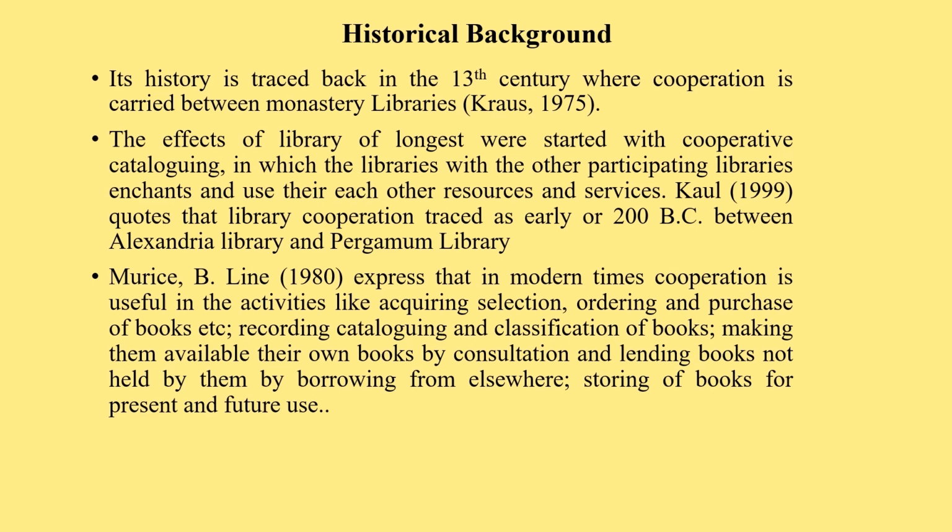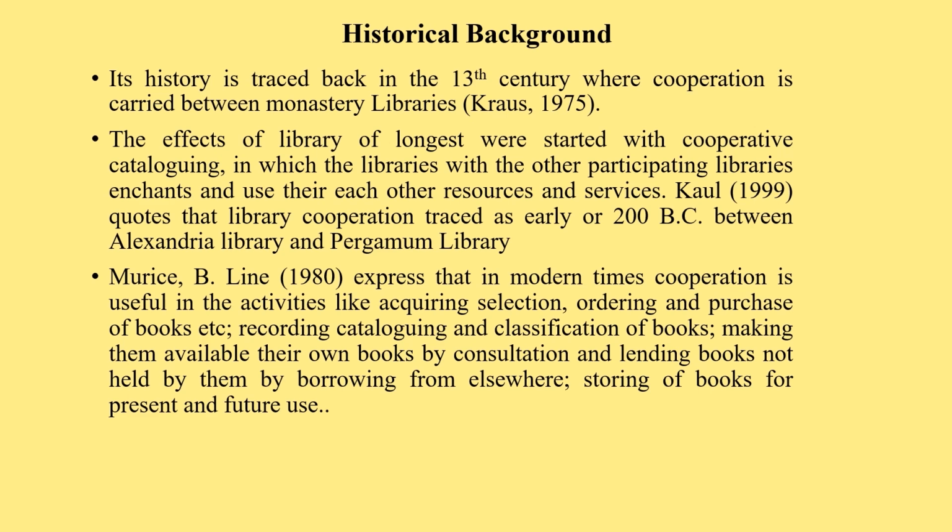In history, if you track back to the 13th century, cooperation was carried out between monastery libraries, as said by Karus 1975. So the effort of library cooperation started with cooperative cataloging, in which the libraries enabled the participating libraries to use their resources and services.